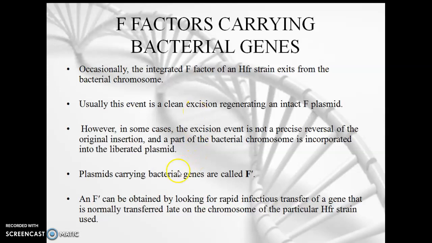Now that F factor is no longer a normal F factor; it is called an F prime. And F prime is ready to transfer that bacterial gene that it carries through conjugation in an infectious manner to other cells, to the recipient cells.